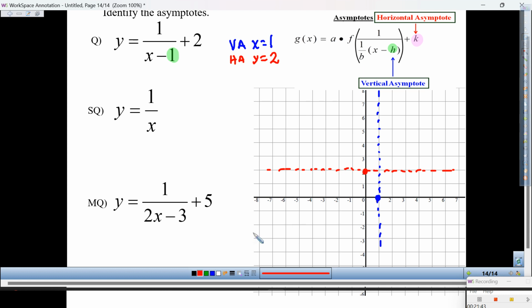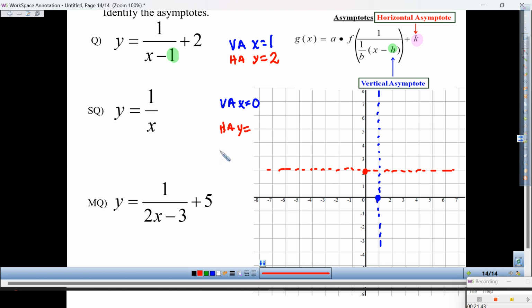Here we go. Once again, what is the first thing I write? VA, x equals. HA, y equals. So look at this one. Tell your neighbor what h is, or what our VA is. Does it have anything? So therefore, 0, that is correct.